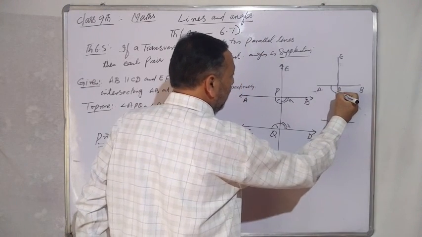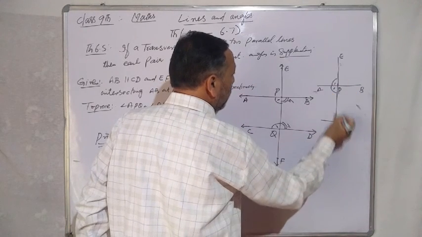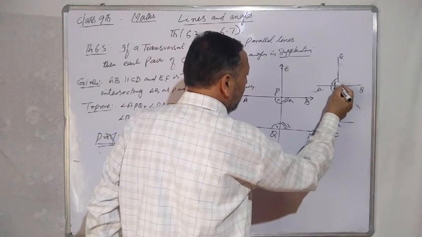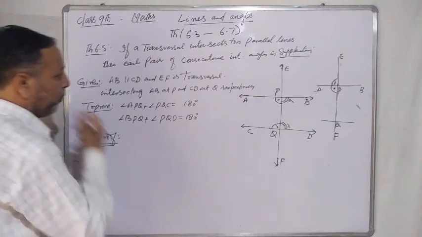So this angle plus this angle, angle APQ plus angle APE, sum of these two angles will be 180 degrees.